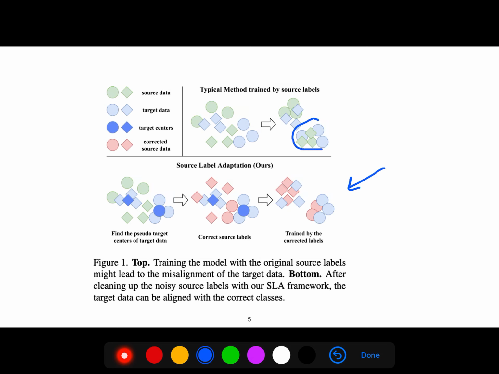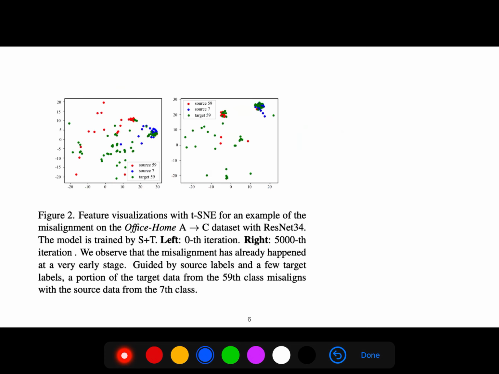Here you see all of the classes are mixed, so it's not good. But here you see circles are with each other, squares are with each other. So this is a feature visualization, and we always use this t-SNE algorithm, which is a 2D visualization algorithm.